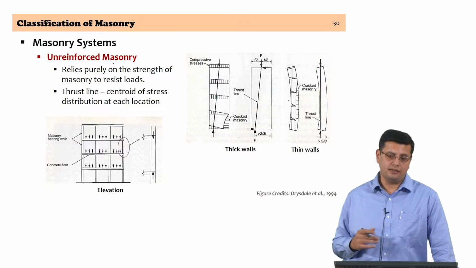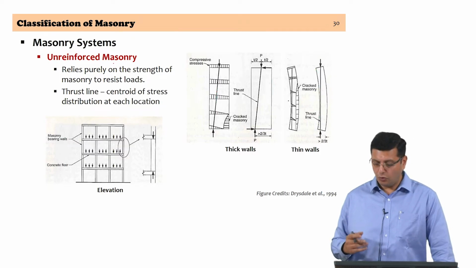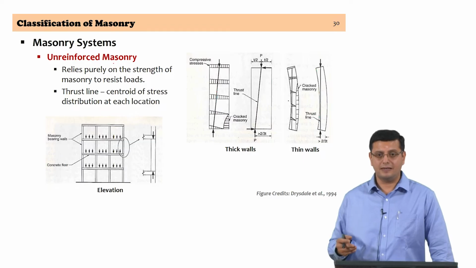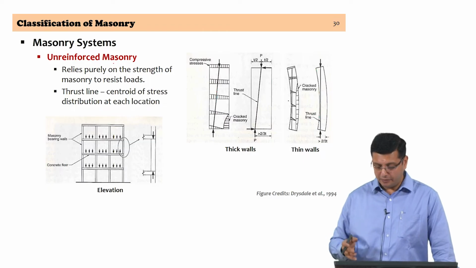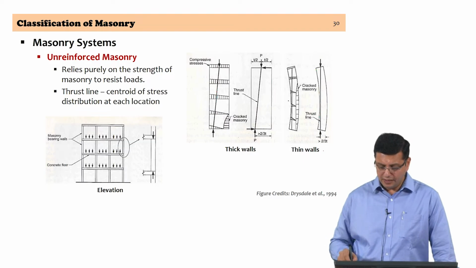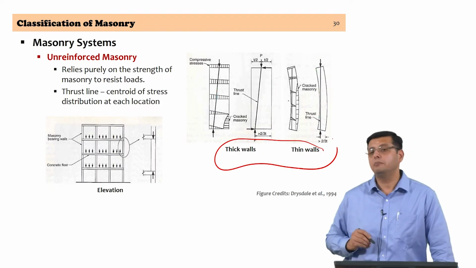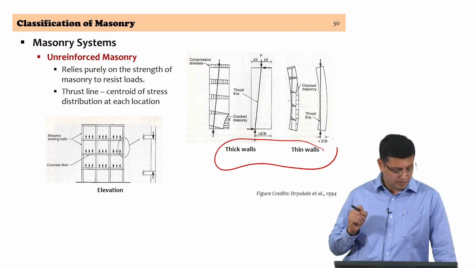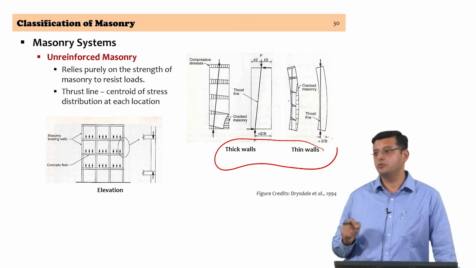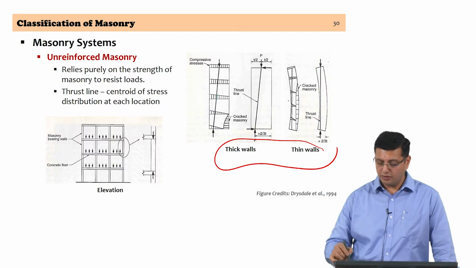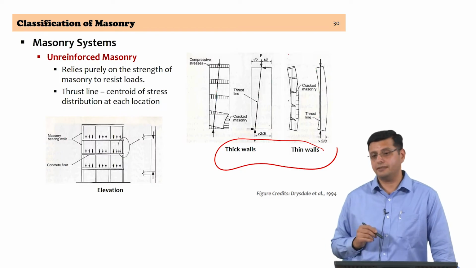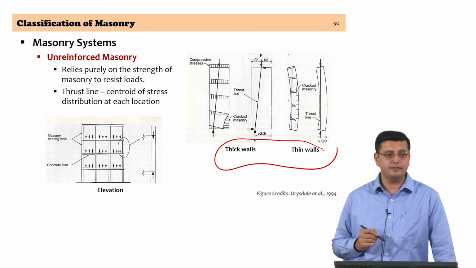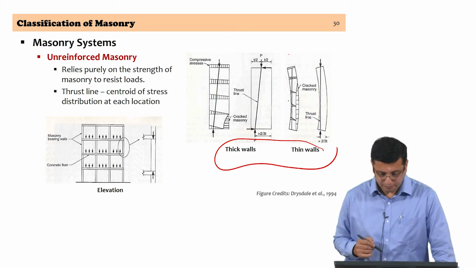If there is finite flexural tensile strength, the wall need not necessarily crack the moment you have tension, but definitely the thickness of the wall matters, and slenderness ratios are stipulated by codes to ensure that you do not get into a situation where masonry cracks under a combination of lateral loads and gravity forces.